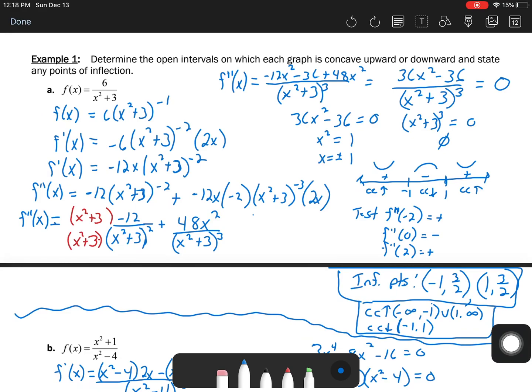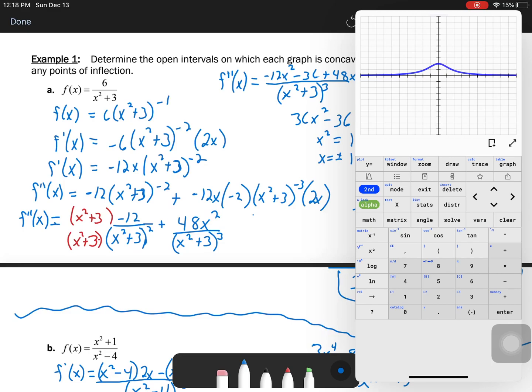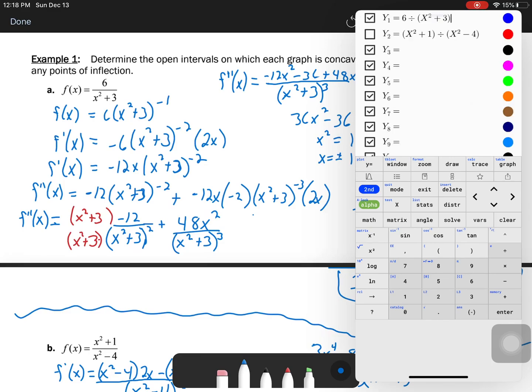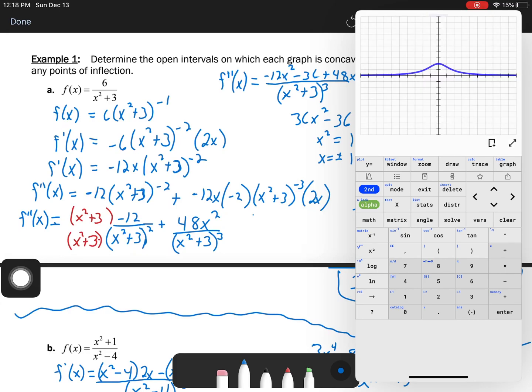I do want to just give you a quick look at the graph of this function and see that it corresponds to what we're seeing with where the concavity is changing. So this was our function. I put it in y1 right here. I have a different one, y2, but I shut that one off.